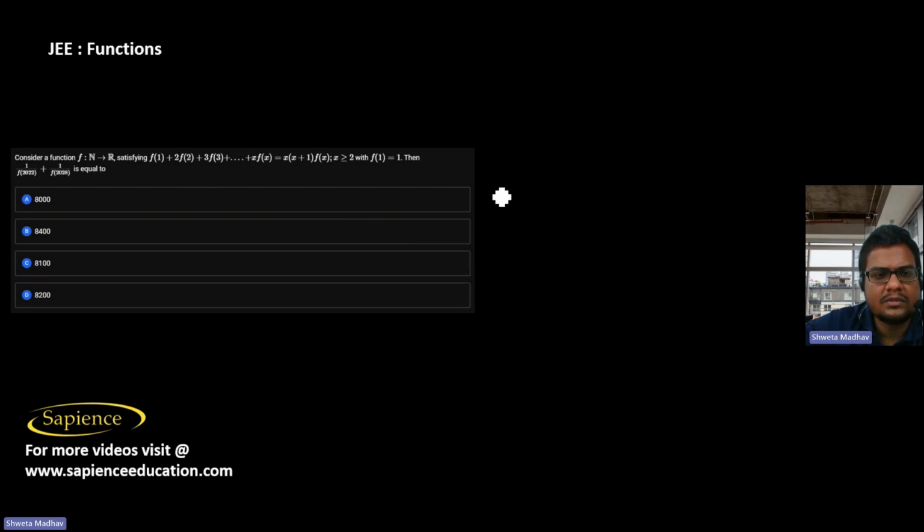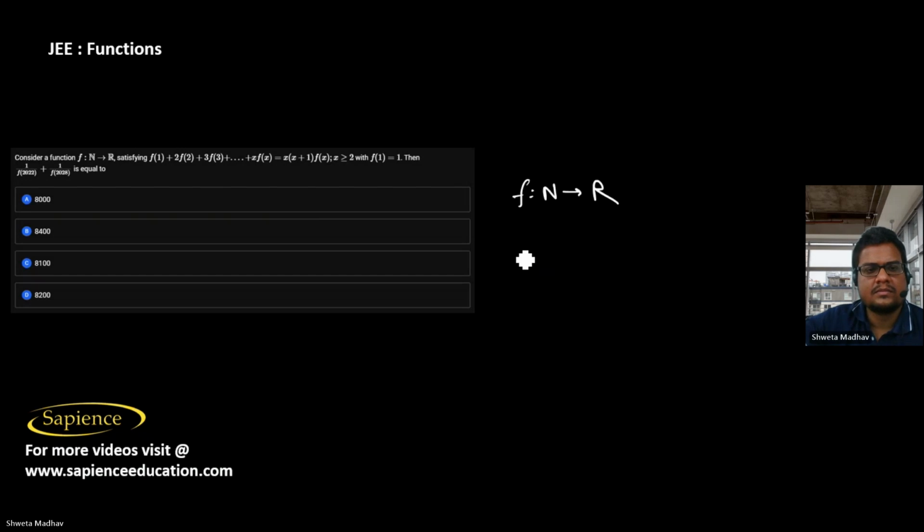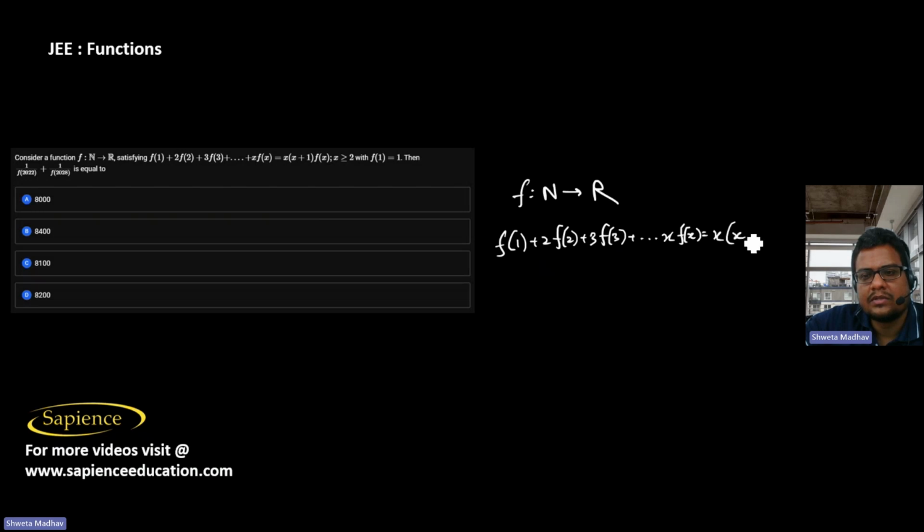So here it is told that consider a function f which maps from N to R, where N is the set of natural numbers, and which satisfies f(1) + 2f(2) + 3f(3) + ... + x f(x) = x(x+1) f(x), and it is applicable only for x greater than or equal to 2, and f(1) is given as 1.